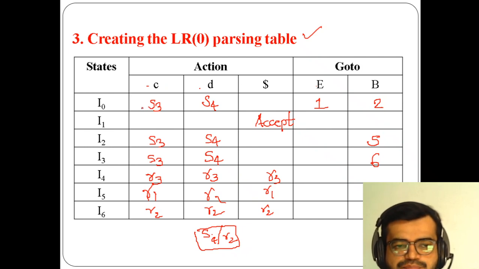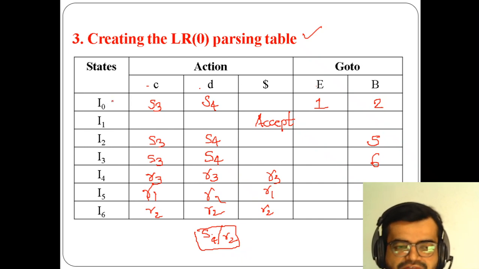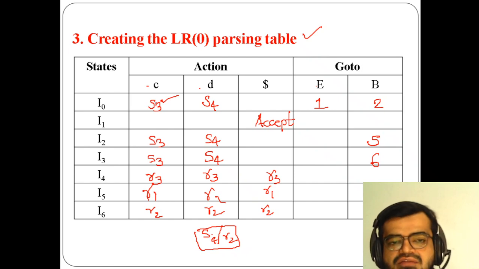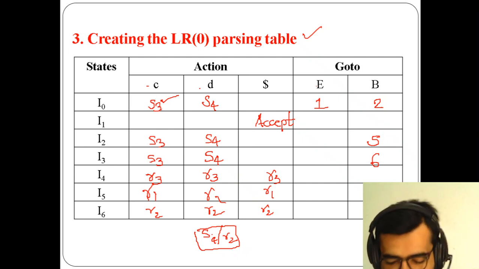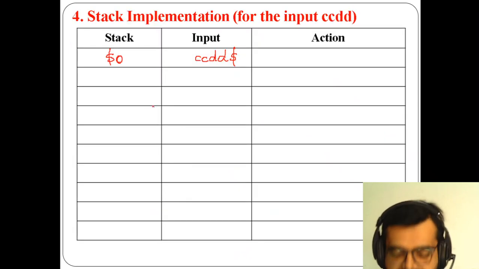So that means I have to perform shift C. For the state I0, for the given value C, what action do I have to perform? A shift action. S indicates shift, and in which state do we shift? Third state.